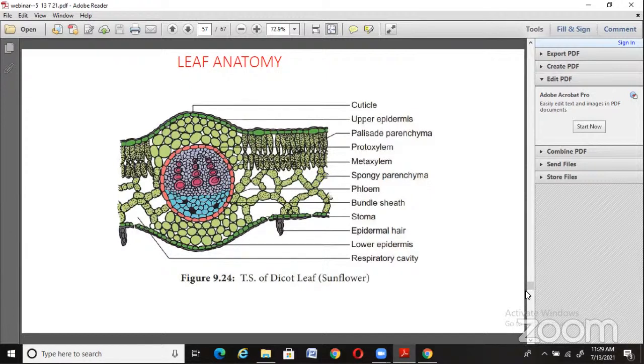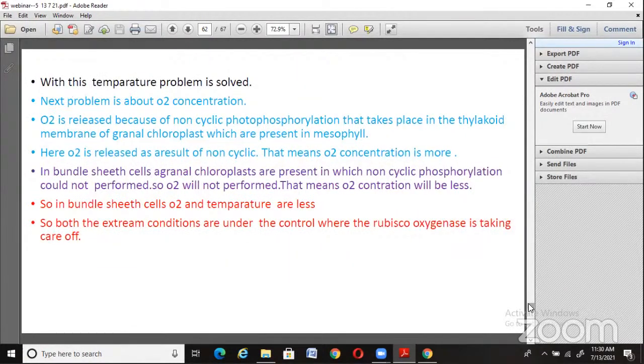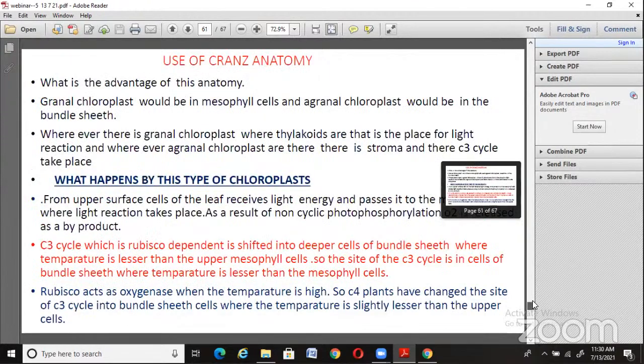Then what about the pyruvic acid? We just discussed it. Pyruvic acid undergoes phosphorylation by utilizing two inorganic phosphates, and becomes PEP, and again that diffuses into the mesophyll cells for the recycling of the C4 pathway.